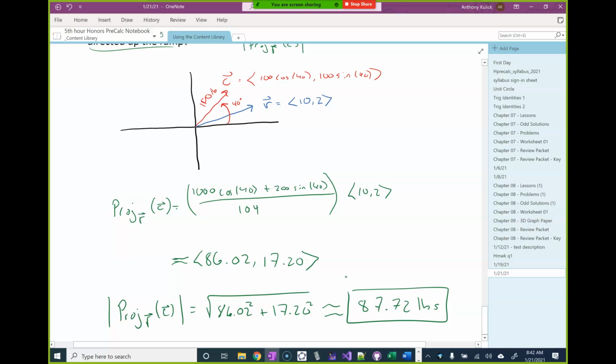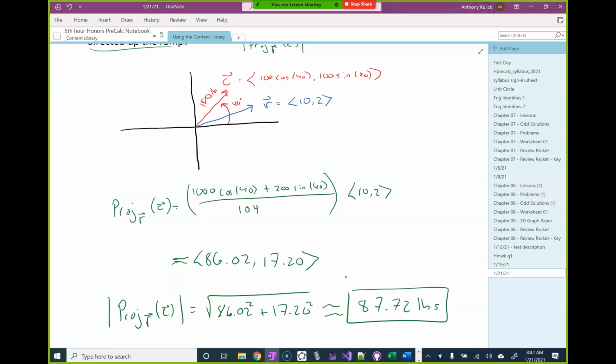What do you guys think? Again, the most difficult part is usually just interpreting what's going on, making sure you can translate the words into the correct vectors in the right positions with the right components and all that.